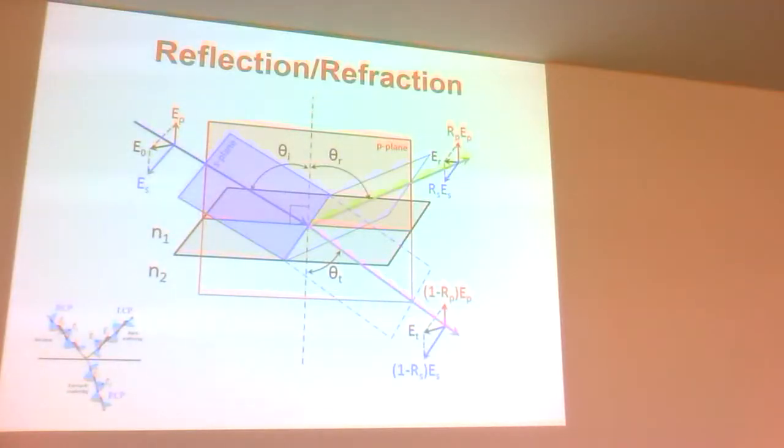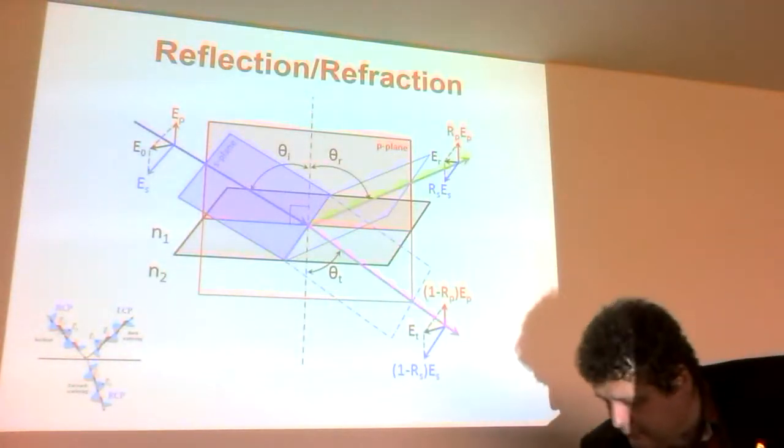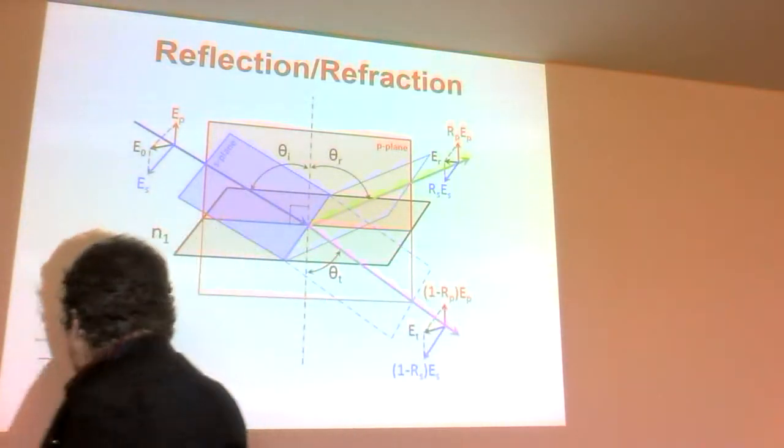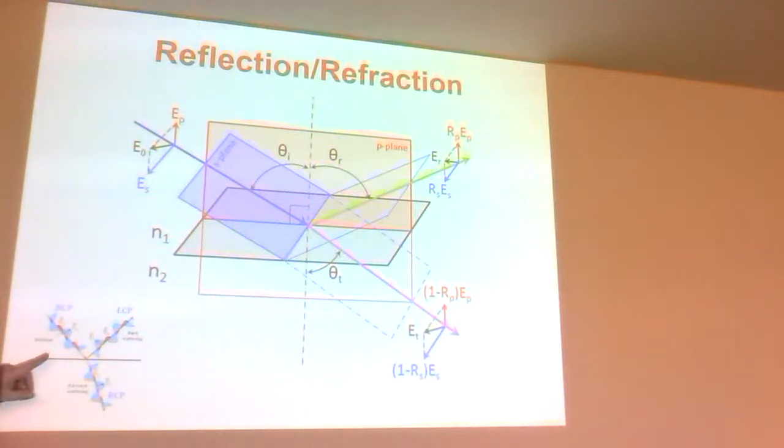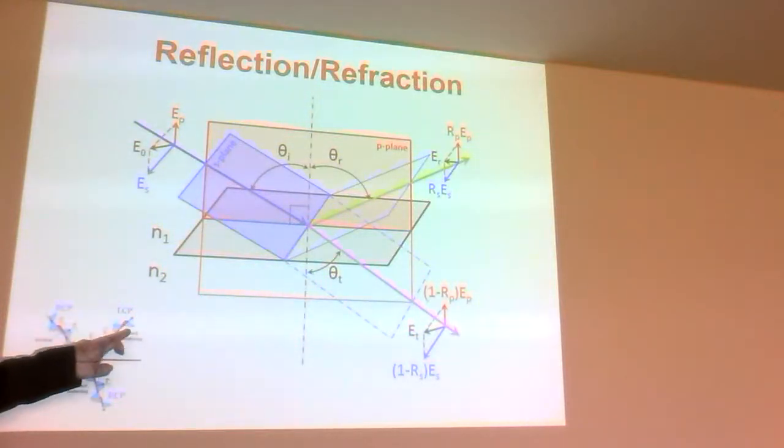That means that if we send, let's say, right circularly polarized light, with a certain phase shift between the X and Y components, when it reflects, because of the phase shift, we will see the change of helicity from right circular polarization to left circular polarized light.